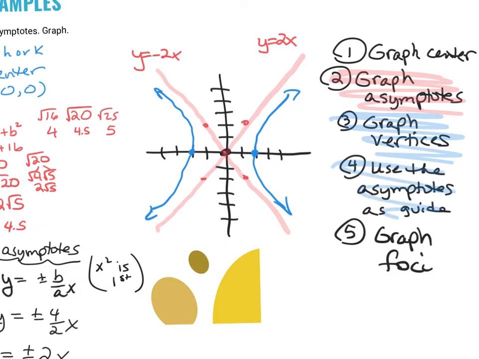We saw that it was about 4.5. Let me add another mark here: 1, 2, 3, 4, 5. So I can put my 2 focus points around here. Again, just an approximation. I can go over them in green maybe.